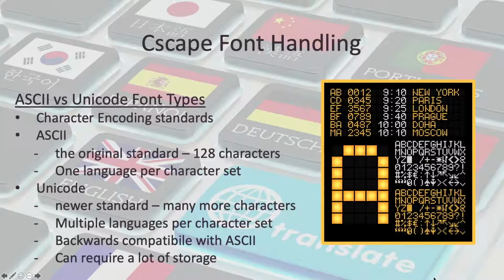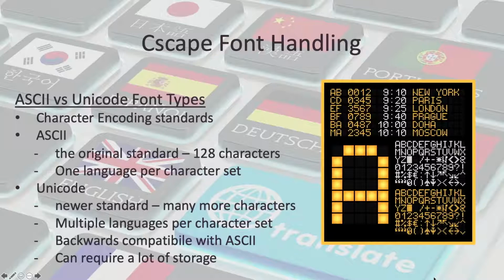So in the 80s, Unicode was invented, and it's now a much newer standard which supports many more characters. Literally, you could support over 1 million characters with a single encoded character set with Unicode. So that means supporting multiple languages in that character set is not a problem. The good news is it's backwards compatible with ASCII.